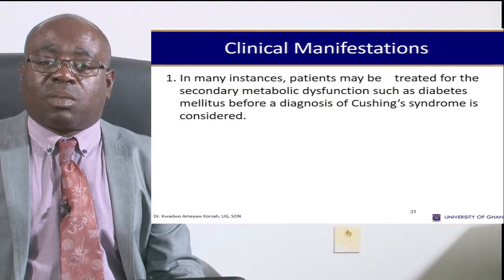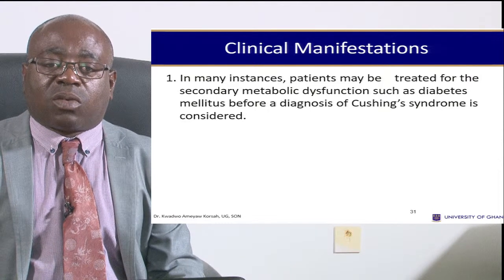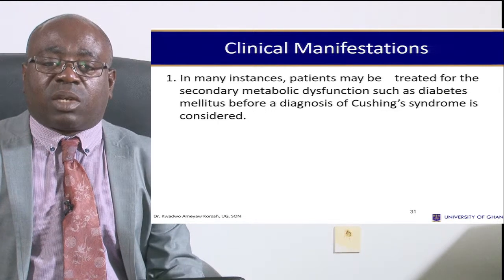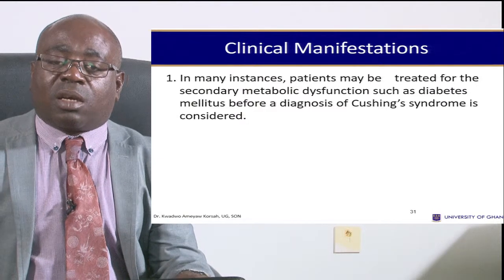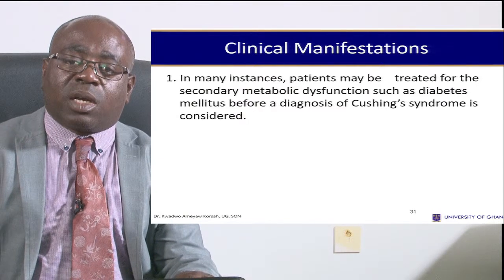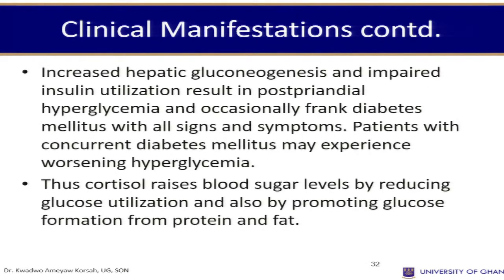In many instances, patients may be treated for a secondary metabolic dysfunction such as diabetes mellitus before the diagnosis of Cushing's syndrome is considered, because cortisol may also increase the sugar level of an individual. So increased hepatic gluconeogenesis and impaired insulin utilization result in postprandial hyperglycemia, and occasionally frank diabetes mellitus with all its manifestations can be seen.